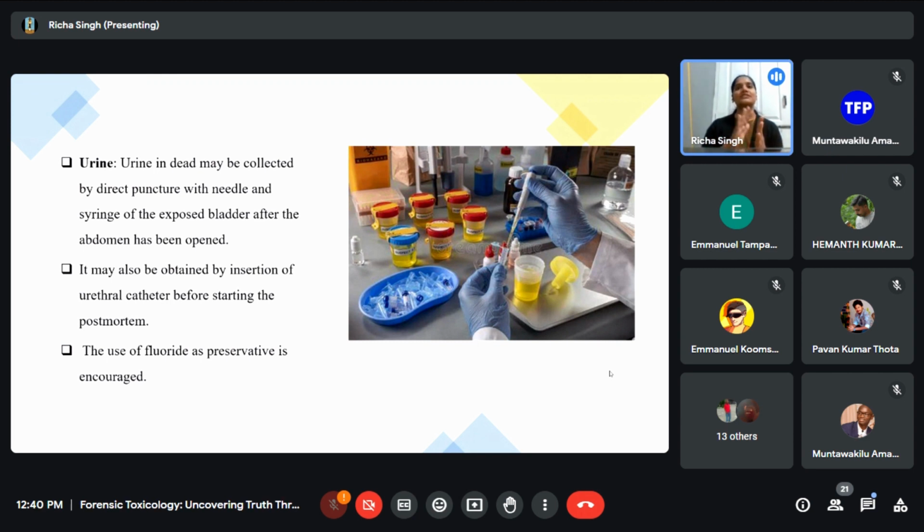After it gets metabolized, it is excreted by the kidney, so it goes out through urine. Whatever metabolite of that particular poison or drug is present will be very actively present in your urine sample, and that is the reason urine is one of the best and major samples that we collect in suspected cases of poisoning.